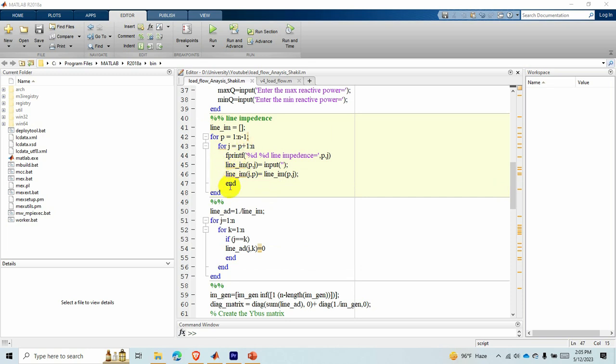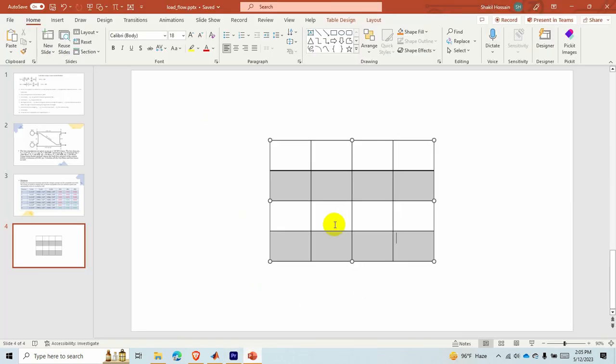So we took the 1 2 position impedance. This will be the same for the 2 1 position also, but we did not take any line impedance for the 1 1, 2 2, 3 3 or 4 4 positions, so this will be 0.